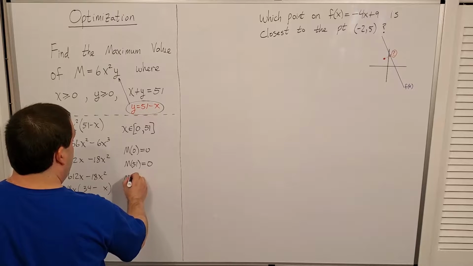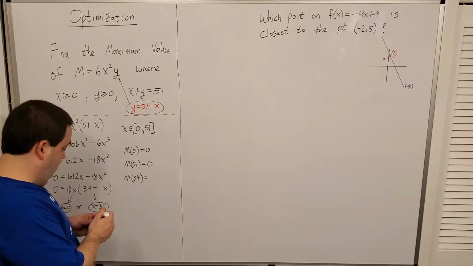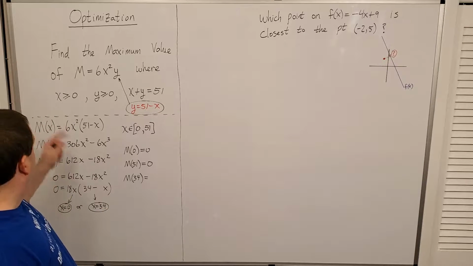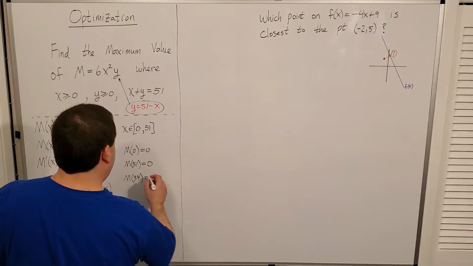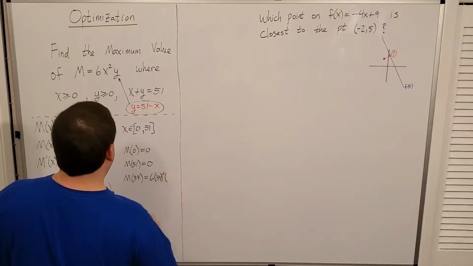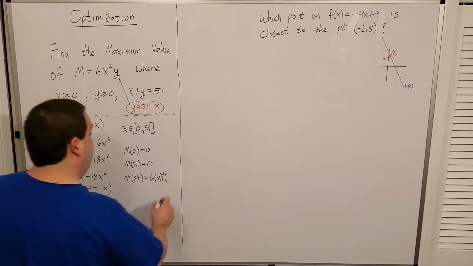What about M of 34? Well, then I would have to do 6 times 34 squared times 51 minus 34, which would be 17.